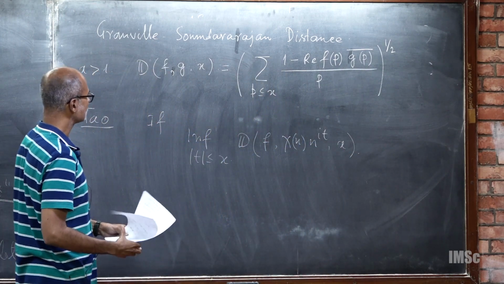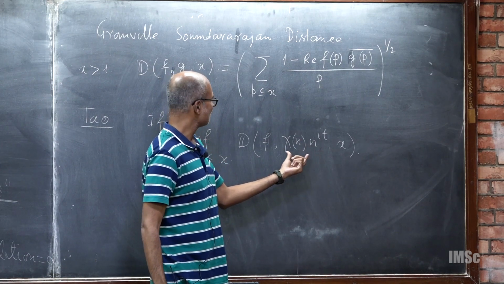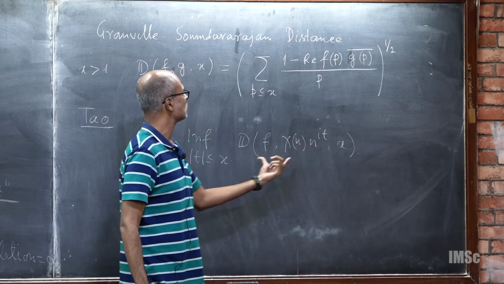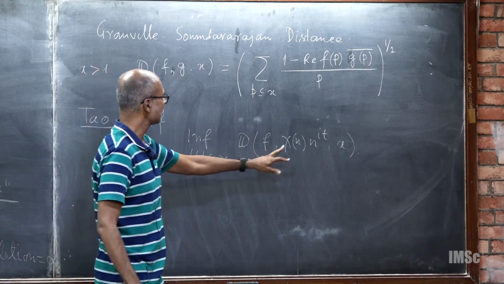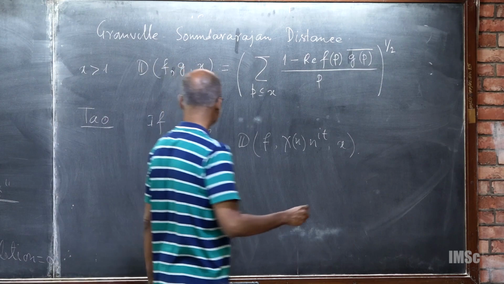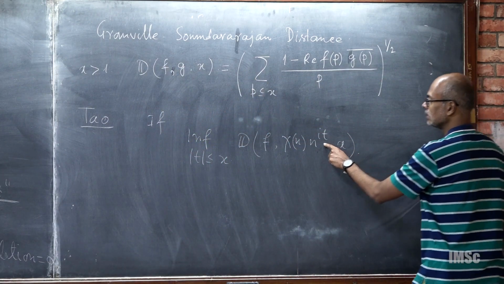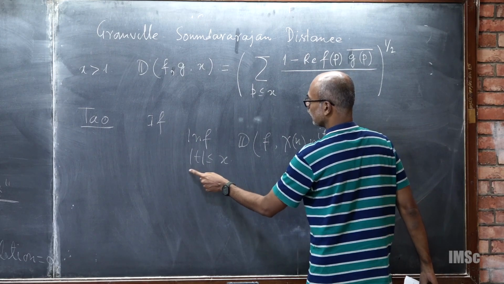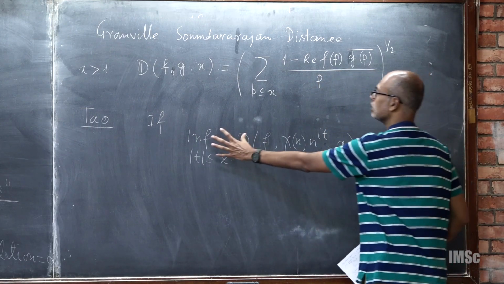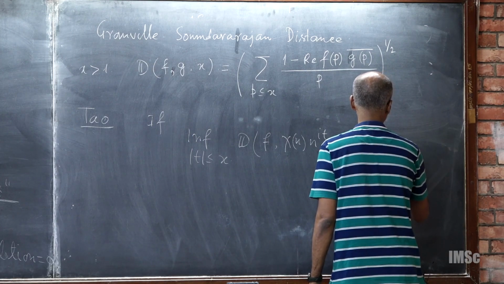So because we don't have a nice notation for this, I am just writing down the full function. What I mean is the distance between f and this function that I was mentioning. So if this distance, and then also vary the t, where t is a real number between minus x and x, and take the infimum, we want this infimum to go to infinity.